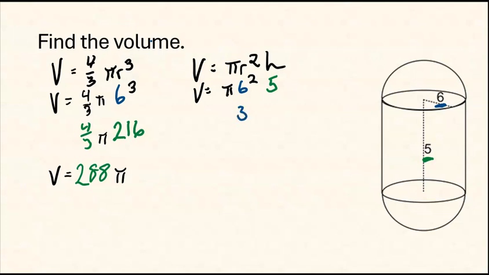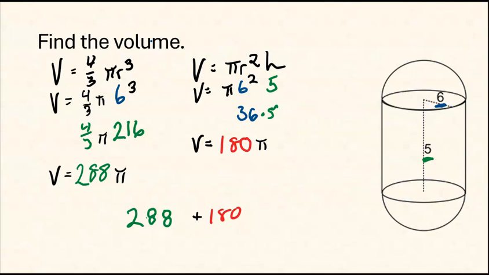I have 36 because 6 squared is 36, times 5 is 180. And just like before, I bring down all of my terms. So now I have to add my two answers together. Essentially, because pi is just along for the ride, I could actually ignore it.